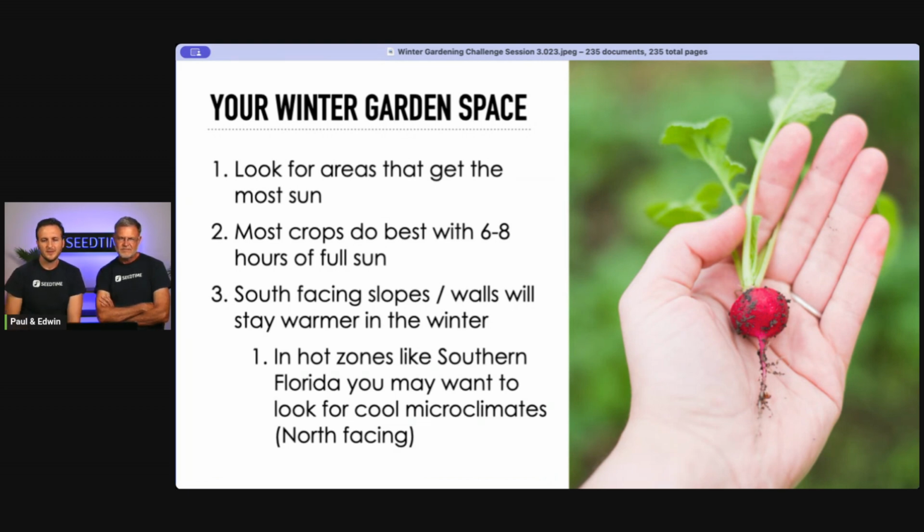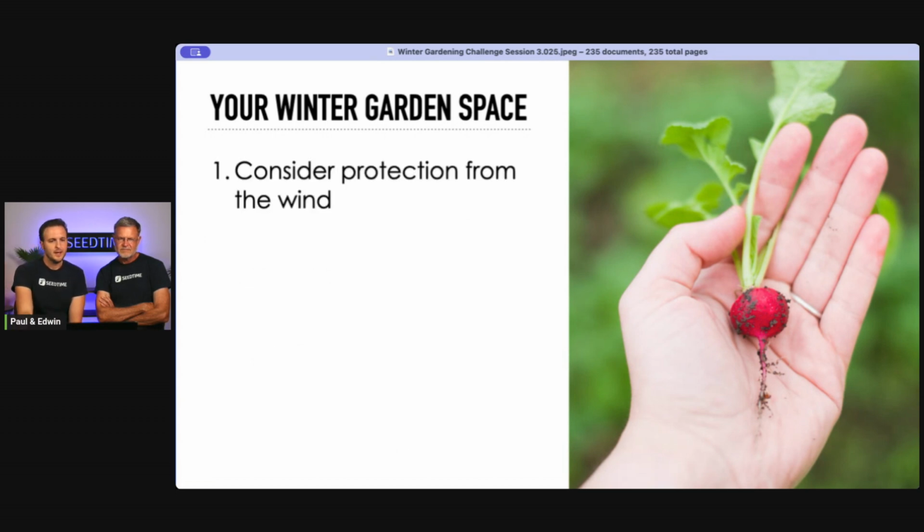This is something for those of you in zones 9, 10, etc. You may still be getting warm enough, unless you're living right next to the ocean and things are buffered more for you, but you may actually want to look for those cooler spots to grow some of these cooler crops.